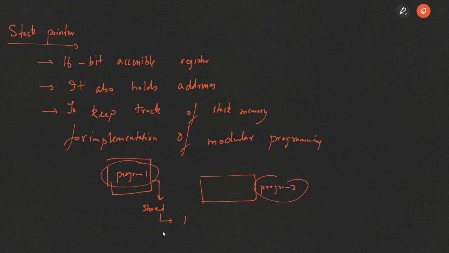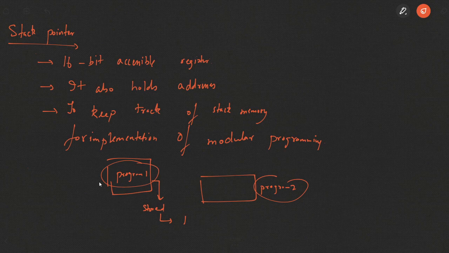There are two instructions, push and pop. Push basically helps us in saving the contents of any register pair on the top of the stack memory, and pop will help us in retrieving that memory location.